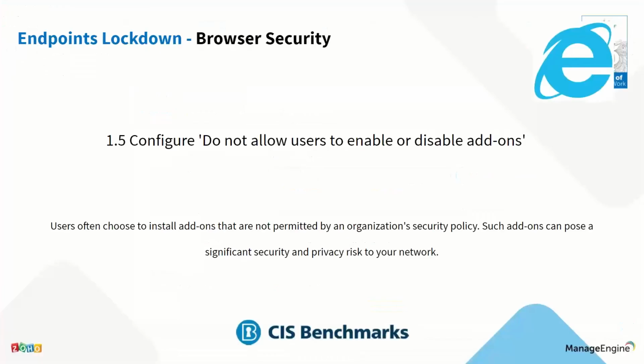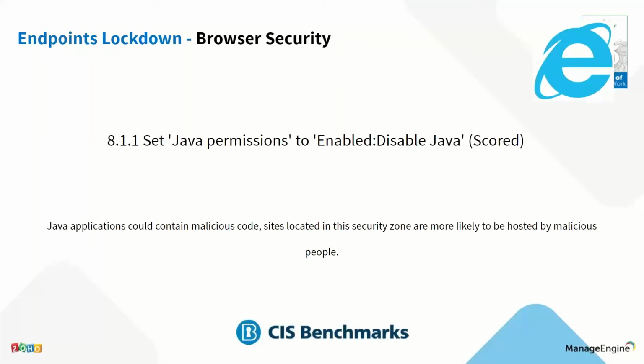Let me tell you another CIS security feature as well that talks about the Java permissions. Now they specifically say Java permissions have to be managed, because Java applications, even if you are in a security zone, I'm talking more about a virtual security zone for internet browsing, if it has malicious code, then CIS believes that this malicious code can be deployed and it could cause potential data theft.